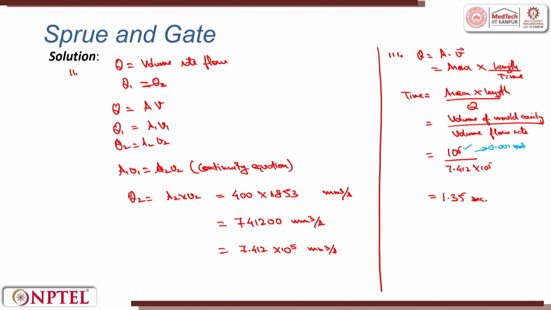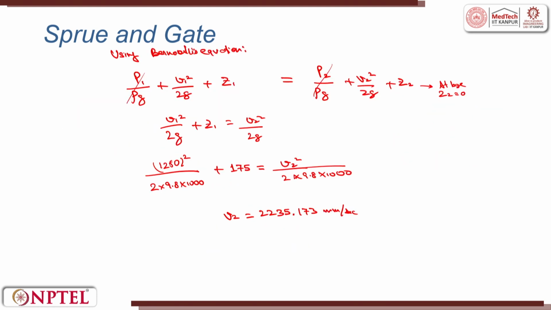So, this is velocity at the base of the sprue to avoid aspiration, or I call it as aspiration effect.